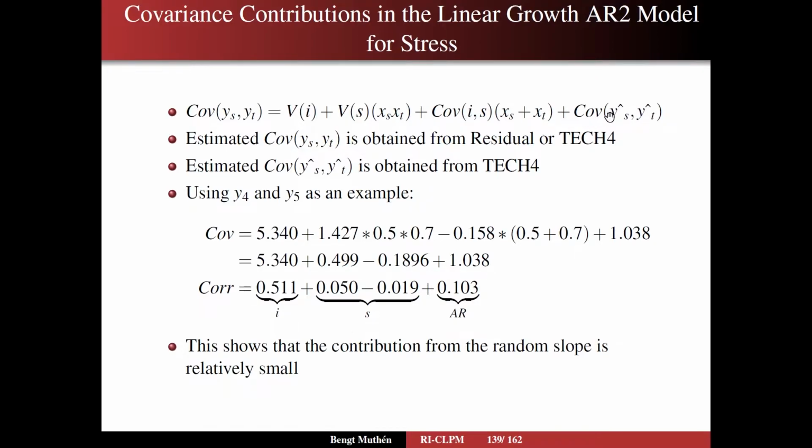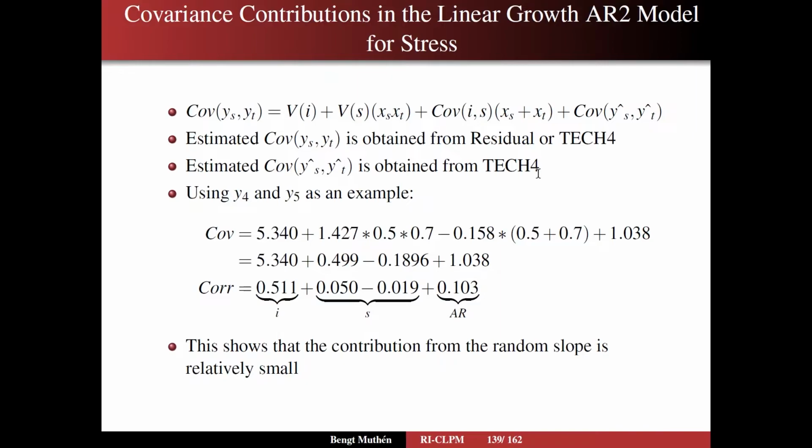Except nowadays we are able to do an autoregressive relationship between the residuals as opposed to the earlier days when we let the covariances just freely correlate. The estimated covariance between the observed variables is obtained from RESIDUAL or from TECH4, and the estimated residual covariances are obtained from TECH4. So you find new stuff in TECH4.